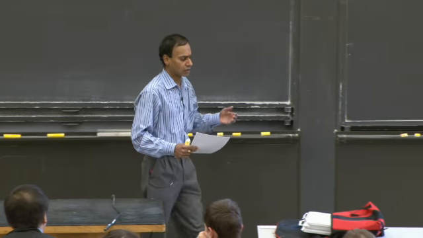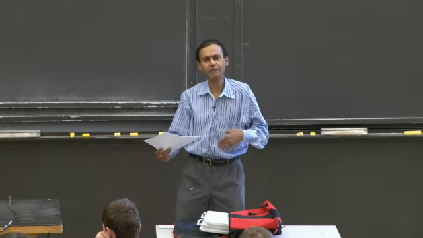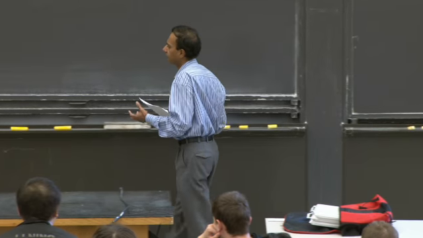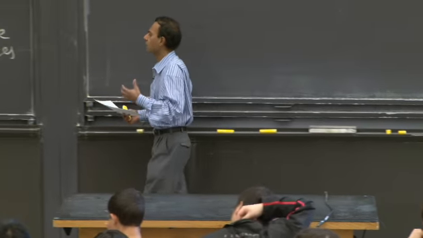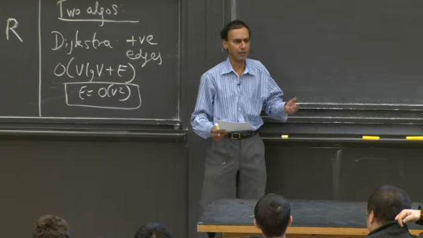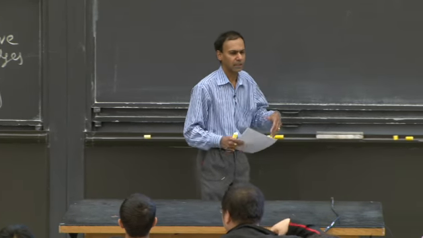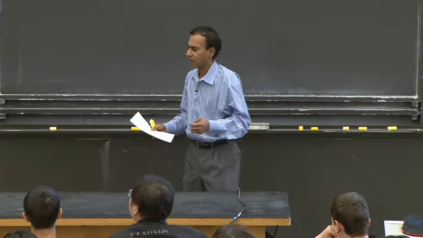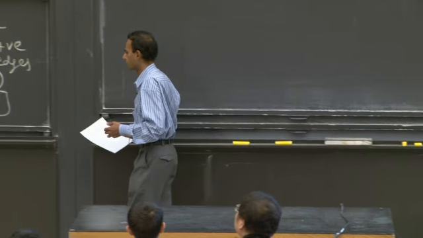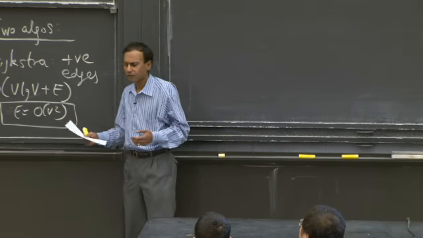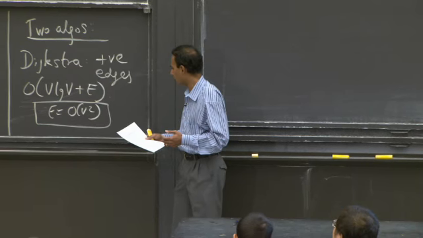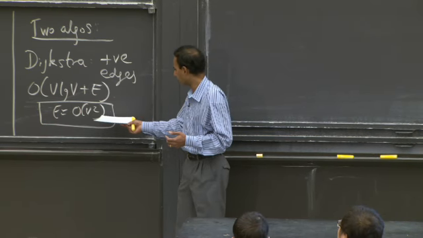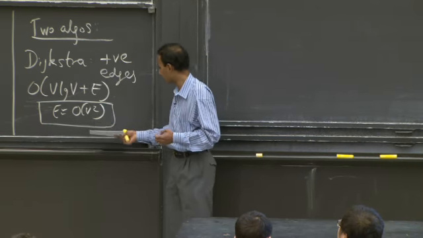Okay? So when you say simple graph, you're saying you have at most one edge between any pair of vertices. A multigraph is something that could have multiple edges between pairs of vertices. We won't really be talking about multigraphs in this sequence of lectures, but keep it in the back of your mind as we go through these algorithms.